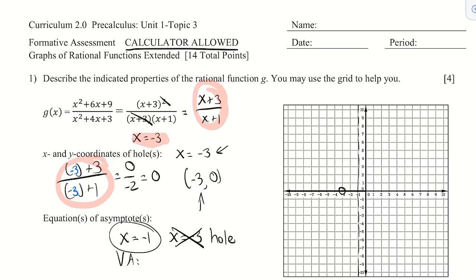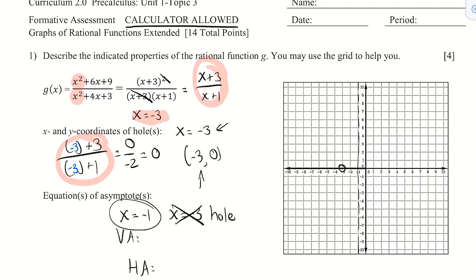I also notice that I have a horizontal asymptote. I look specifically at the highest powers. If they have the same high exponent on both the numerator and denominator, then this is considered to be equal heavy. And when it's equal heavy, I take a look at the leading coefficients of the highest exponent. In this case, that's a 1 and that's a 1. So my horizontal asymptote is going to be 1 over 1.